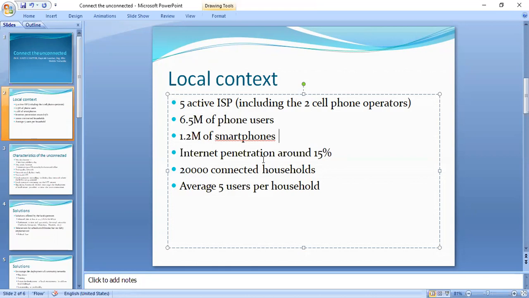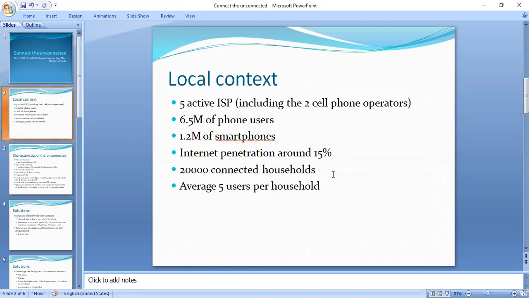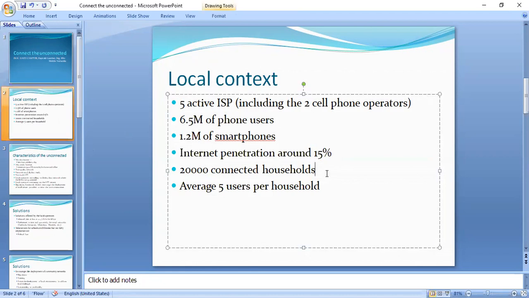The internet penetration rate is around 15%, with about 20,000 connected households, with an average of 5 users per household. With such a low internet penetration rate, you can easily understand that there are a lot of unconnected people and unconnected communities.